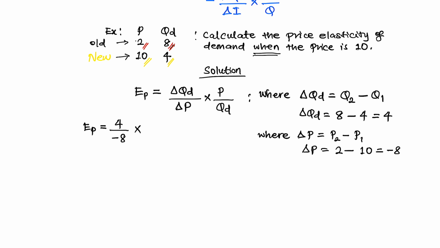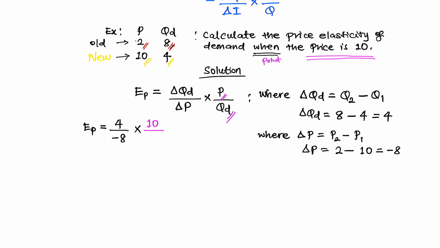How do we know which value of P to use? How do we know which value of QD to use? This depends on the question. We are calculating point elasticity, so we are calculating the elasticity at this particular point. So when price is 10, that means P will be 10 divided by quantity demand. The question gave us when the price is 10.